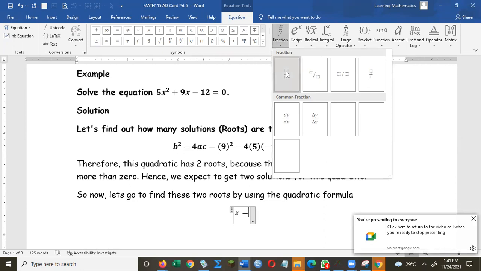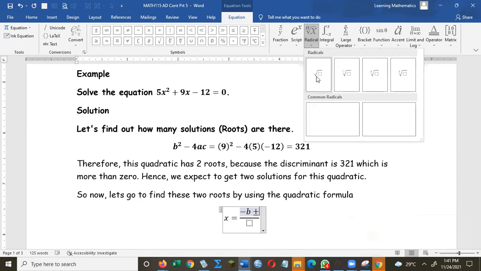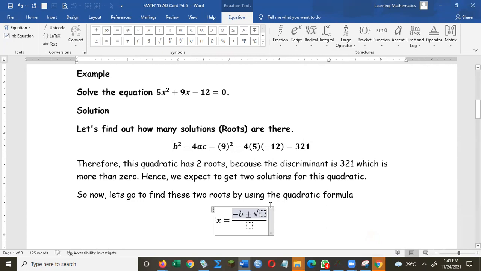And then you have a numerator, minus b, plus minus. The plus minus makes provision for the two values, a plus and a minus. You're going to get two values. The square root of, and look, the discriminant is right under the square root sign. That is what we used to determine how many roots.